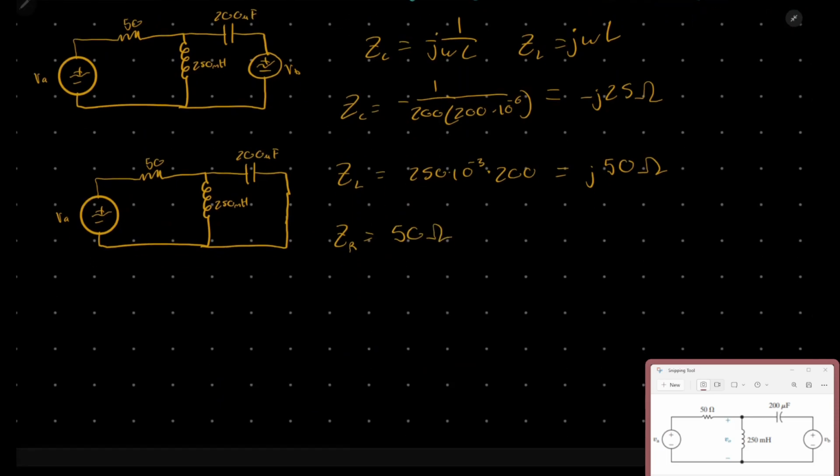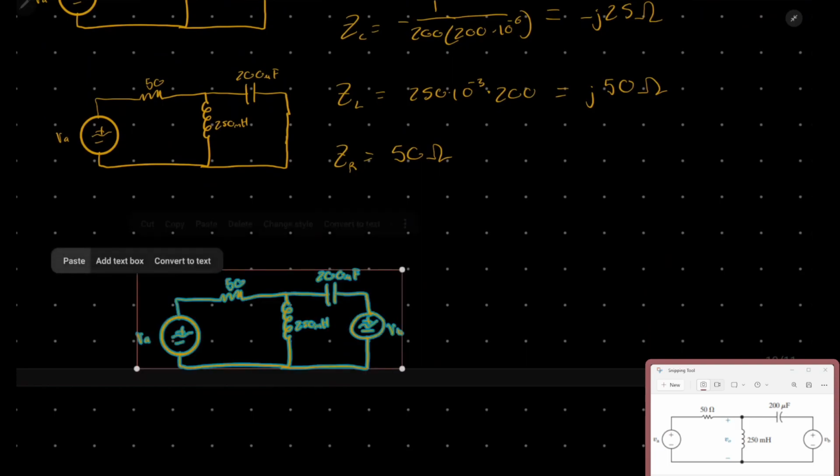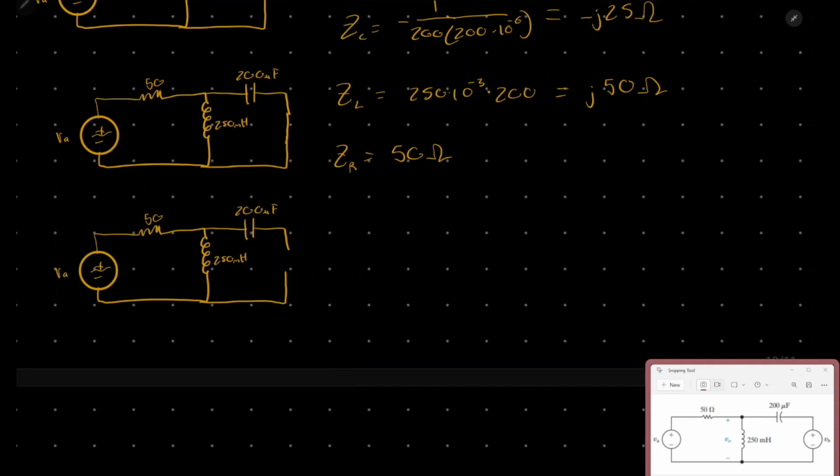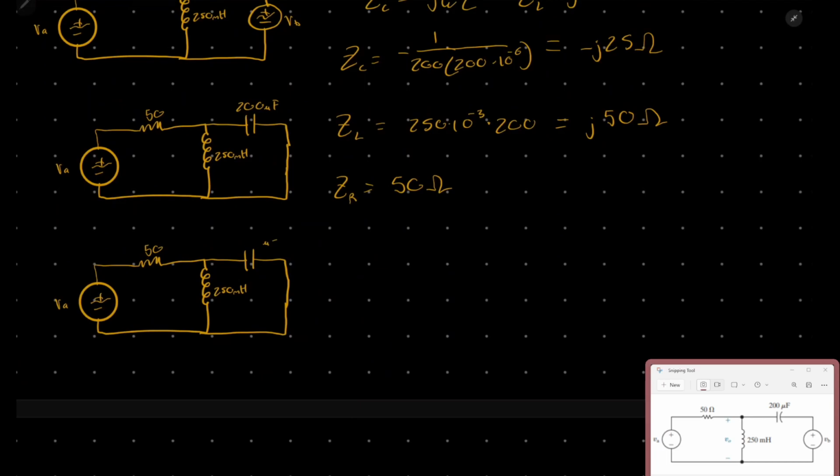So we can redraw our circuit with those in mind. We'll just replace these values with the values we found, just so that it's simpler for us. Negative J25.